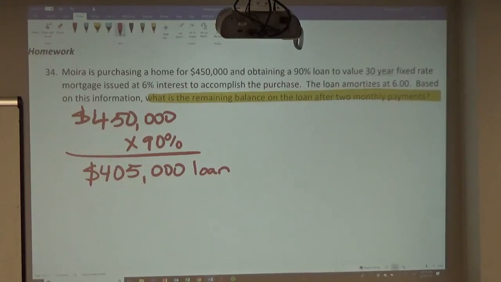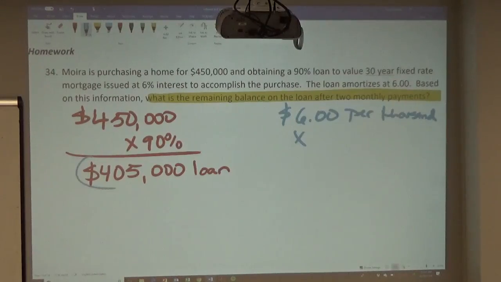Here's what we know about that loan. It amortizes at $6 per thousand. So we can calculate a monthly payment by saying $6 per thousand, and we can multiply that times the number of thousands we borrowed.